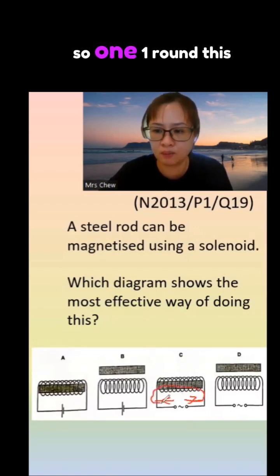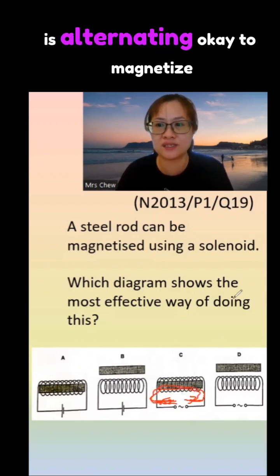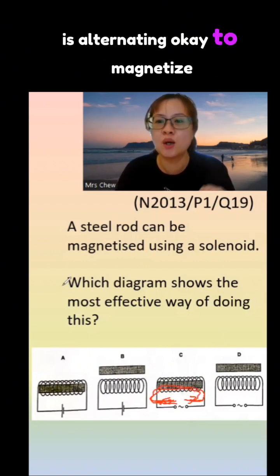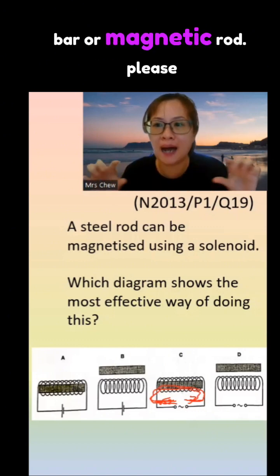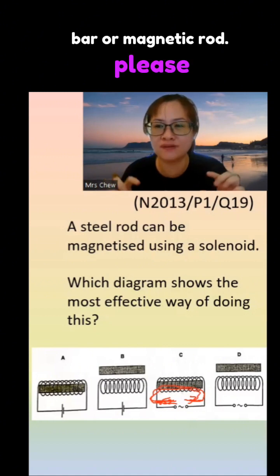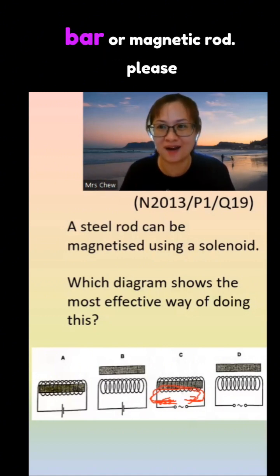So one round this way, then the second round the other way, okay? It's alternating, okay? To magnetize a magnetic bar or a magnetic rod, please use a direct current, okay?